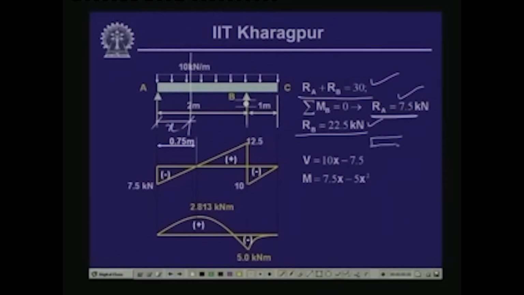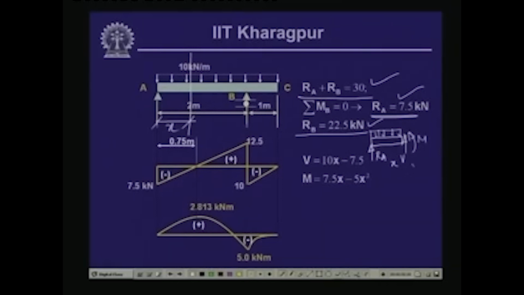If we draw the free body of that part, we have the reactive force Ra, the shear force V and the bending moment M, and the uniformly distributed load acting over this segment, whose length is x.